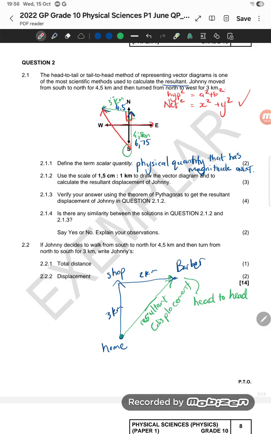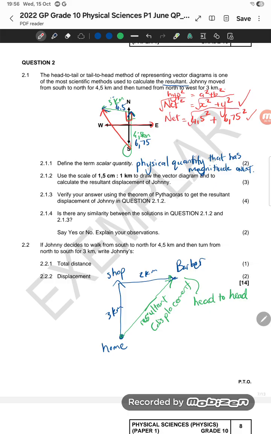So what's on the x-axis? 4.5, plus, squared, please remember the squared, plus 6.75 squared. And you should get another mark for substituting in. But I'm going to square root this so that I can get net quickly.